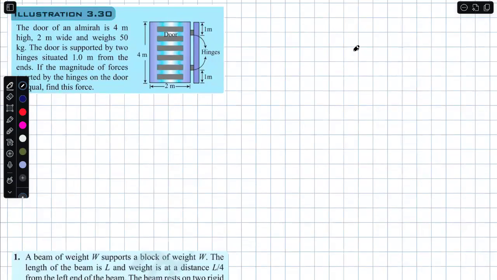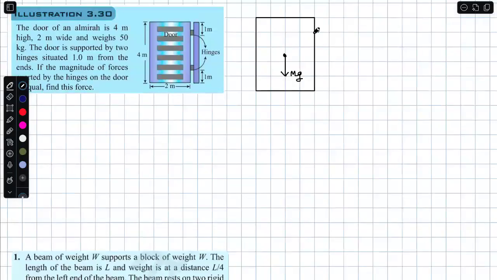Illustration 3.30. The door of an almirah is 4 meter high, 2 meter wide, and weighs 50 kg. The door is supported by 2 hinges. Here I need to draw the door's free body diagram separately. mg.